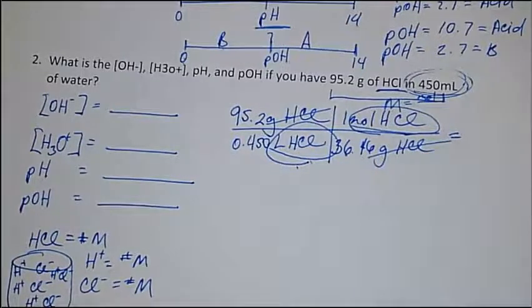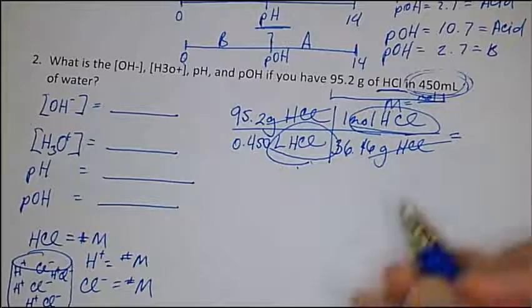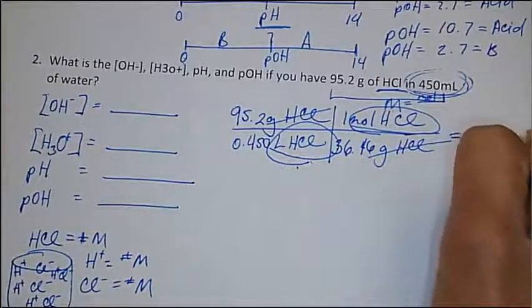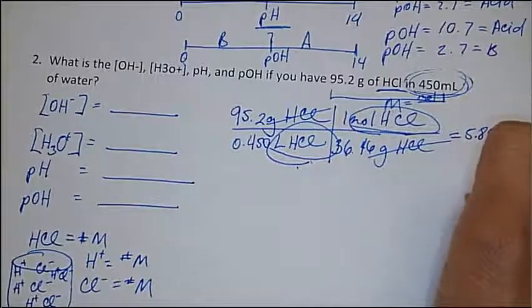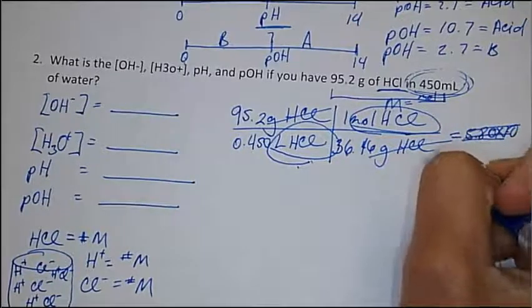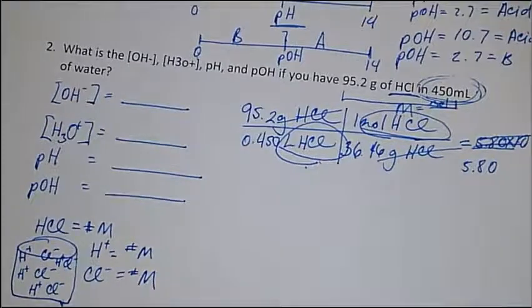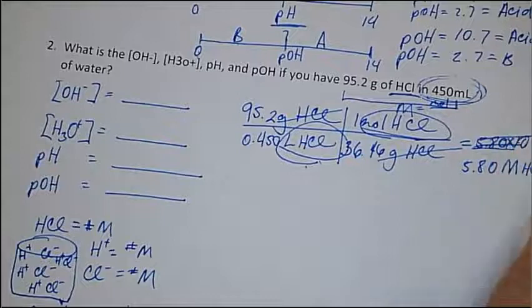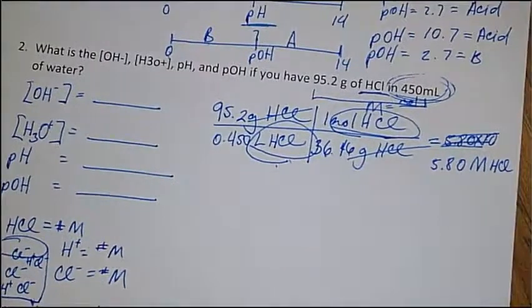So when I plug this into my calculator, I should get 5.80 times 10 to, nope, I do not get that. It's 5.80. That is my molarity of HCl, of my hydrochloric acid.